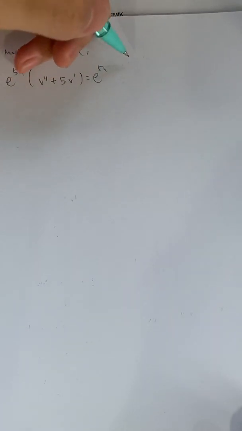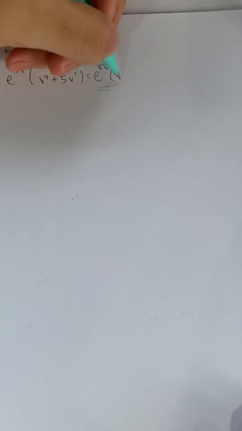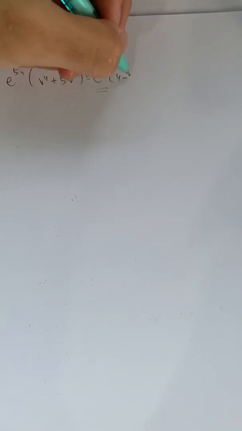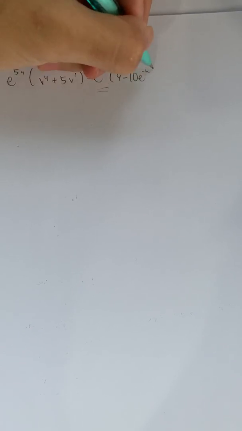At the right hand side we also multiply by exponential 5x multiplied with 4 minus 10 exponential negative x.